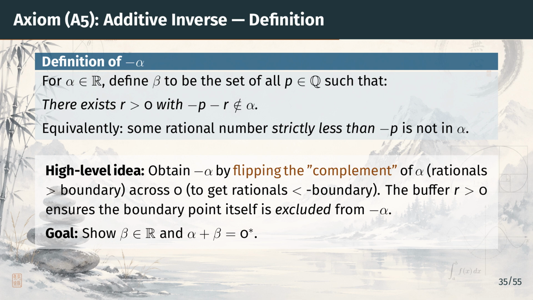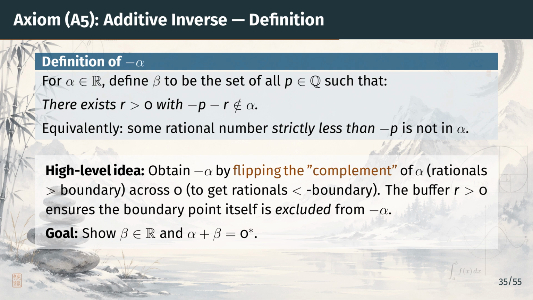Here is the high-level idea. The complement of alpha consists of all rationals that lie at or above its boundary point. If we flip that complement across 0, we get exactly the rationals that lie at or below the negative of the boundary. That flipped set is almost minus alpha, but we do not want the boundary point itself to sneak in.